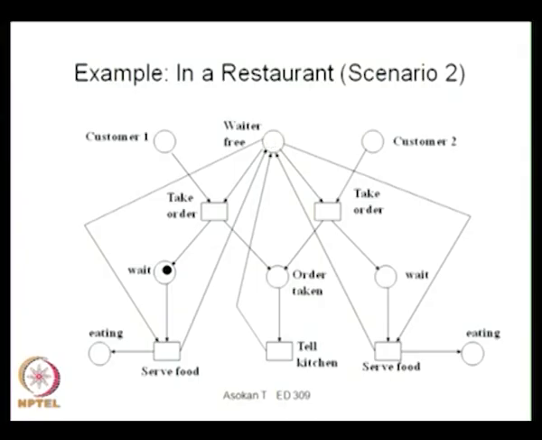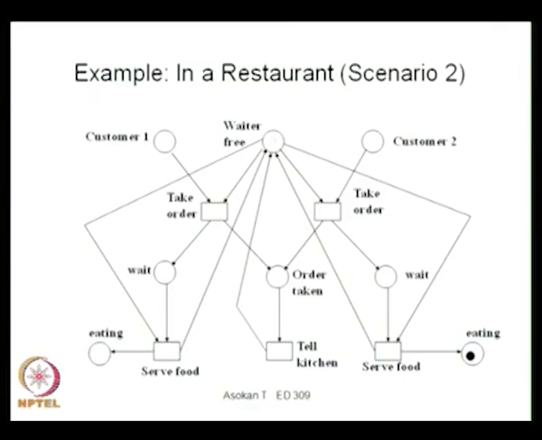Now you take the second situation: the waiter is taking the order from customer 2 and then places the order to the kitchen, and then both the customers are waiting and the waiter is free so that he can serve food. Now the waiter is free, so he will serve the food to customer 2 and then serve food to customer 1.